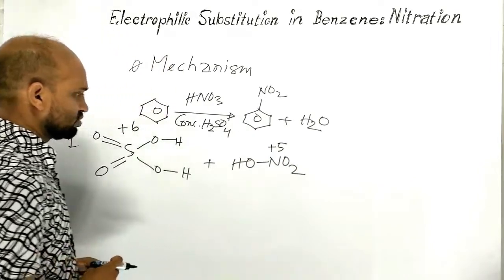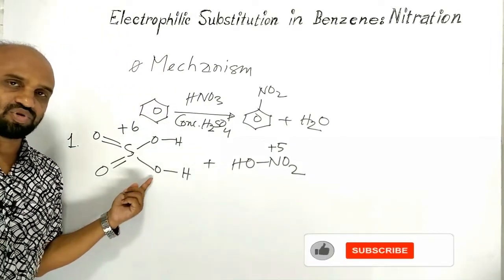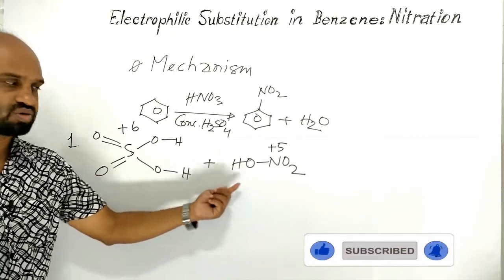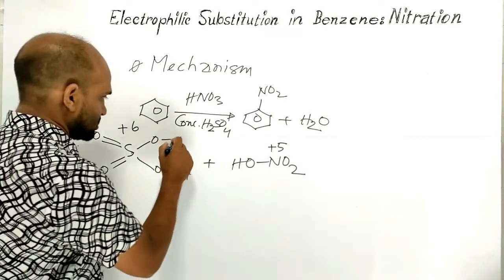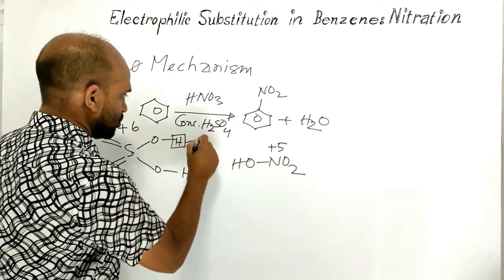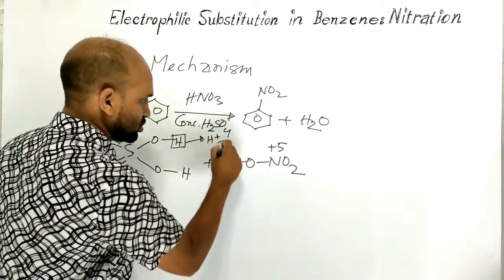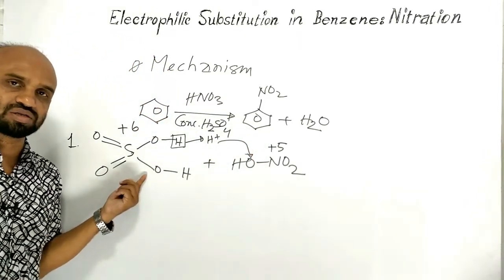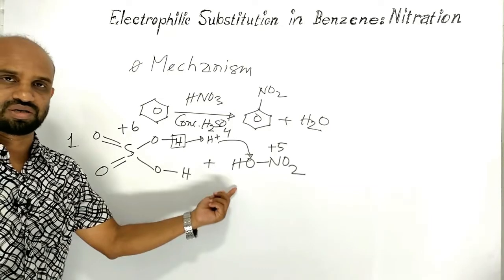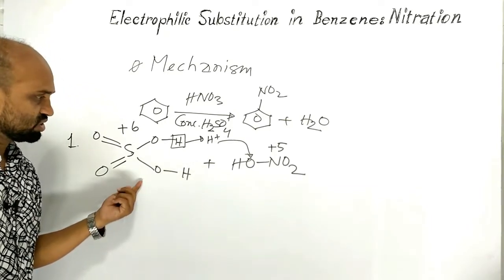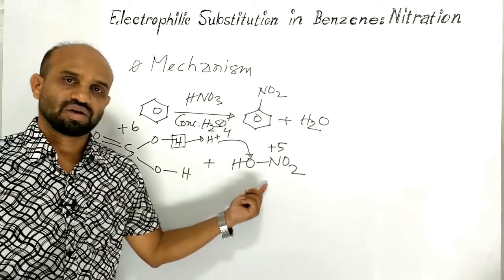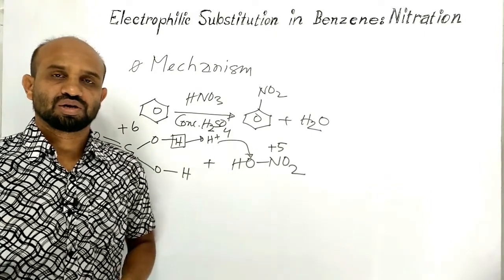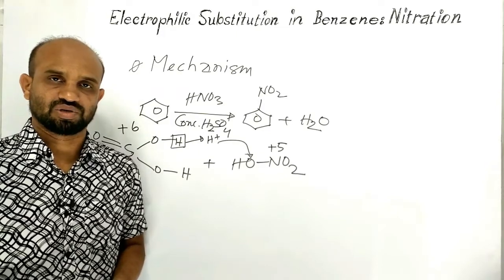According to oxidation number, it is said that sulfuric acid is a stronger acid than nitric acid. So here sulfuric acid donates proton to nitric acid because sulfuric acid is a stronger acid than nitric acid. So here sulfuric acid acts as acid and nitric acid acts as base according to Arrhenius ionic concept.